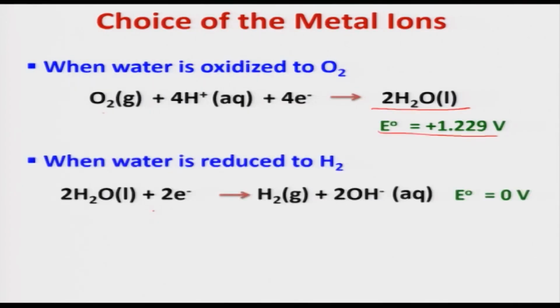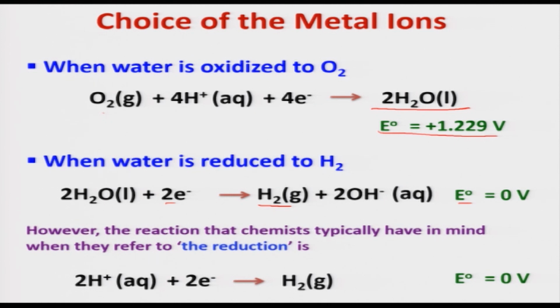Now, also this water should not be reduced to hydrogen, otherwise the system cannot survive. For example, as you can see, water with 2 electrons gives rise to hydrogen gas with an E0 value of 0 volt.